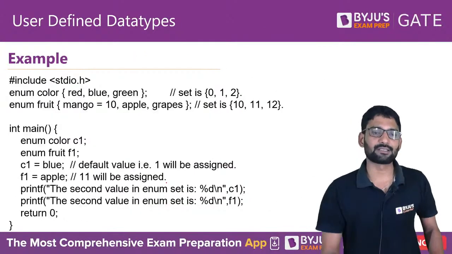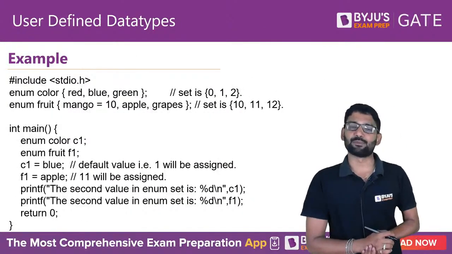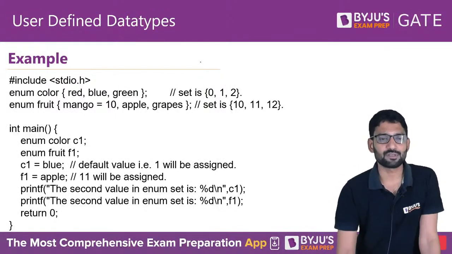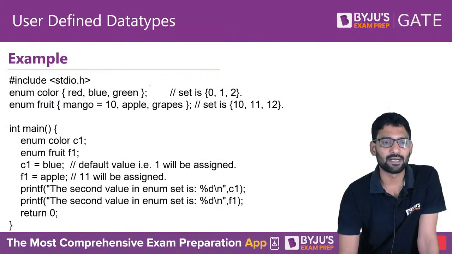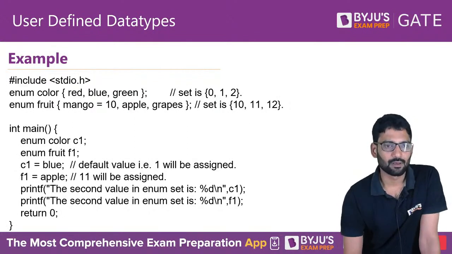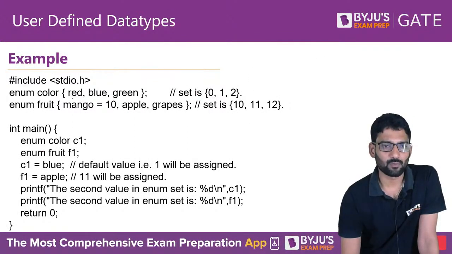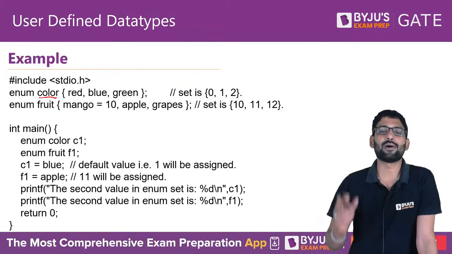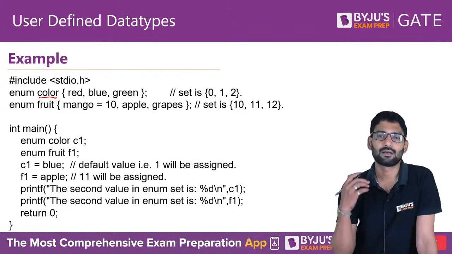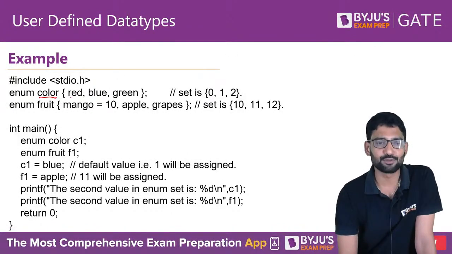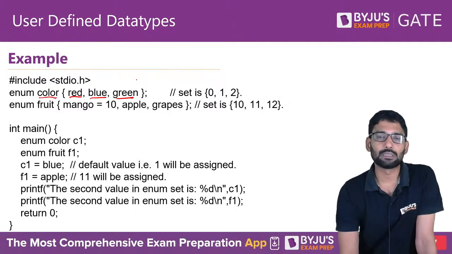For example, look at this example, everybody. Suppose I have created one data type called color. And what are the values I have assigned? Values means these: red, blue, green.